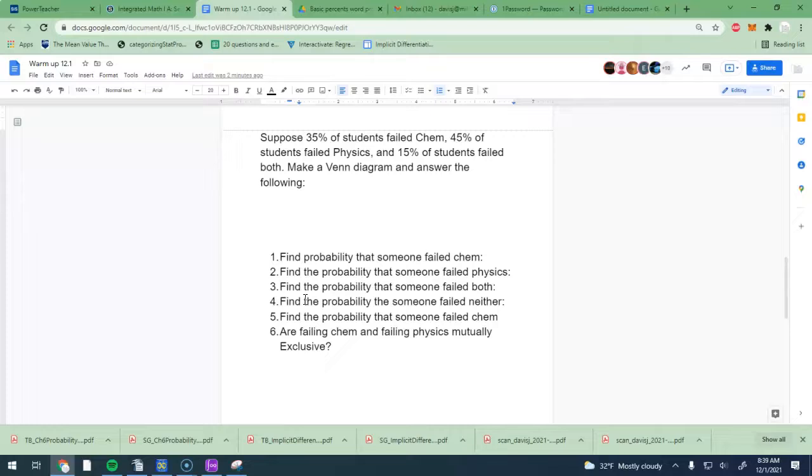Alright, so go to the packet I just handed out. There's a page with a diagram. There's a page that says Venn diagrams at the top. I want you to do that page.